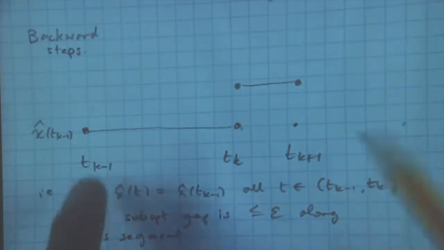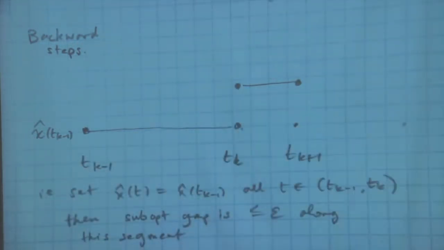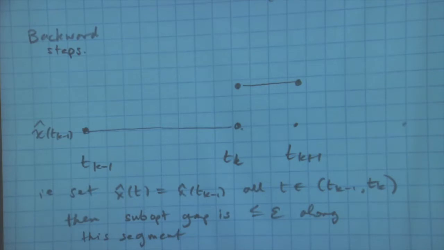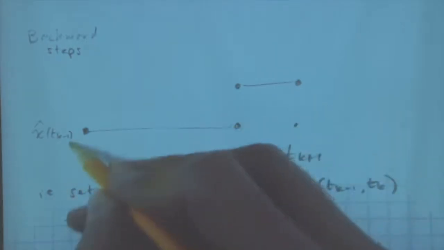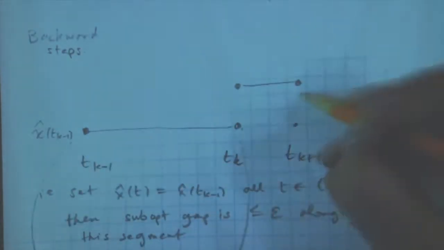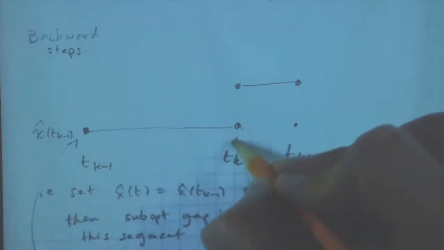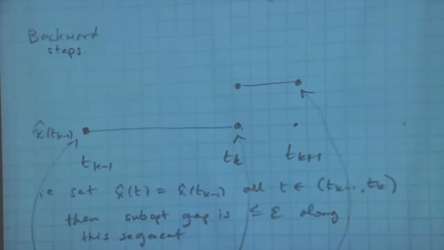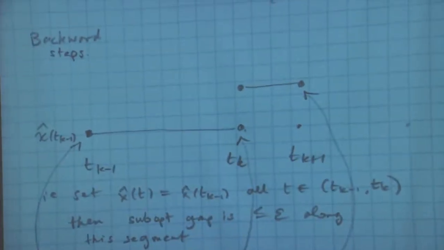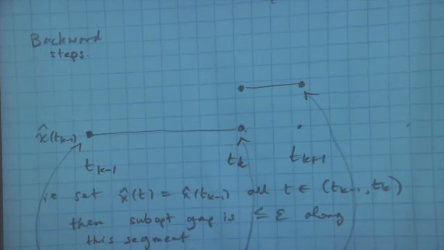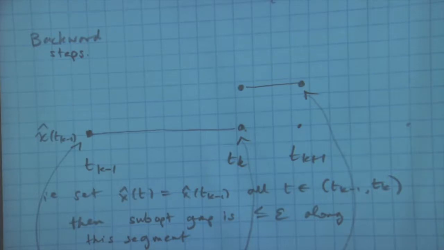So we actually don't know a priori the length of these segments, or the locations of these segments. These are determined adaptively at each step. And how do we get these solutions? Well, these solutions at each of these points are computed by Frank-Wolfe. So each of these at t_{k-1}, t_k and t_{k+1}, I use Frank-Wolfe with accuracy epsilon over m.